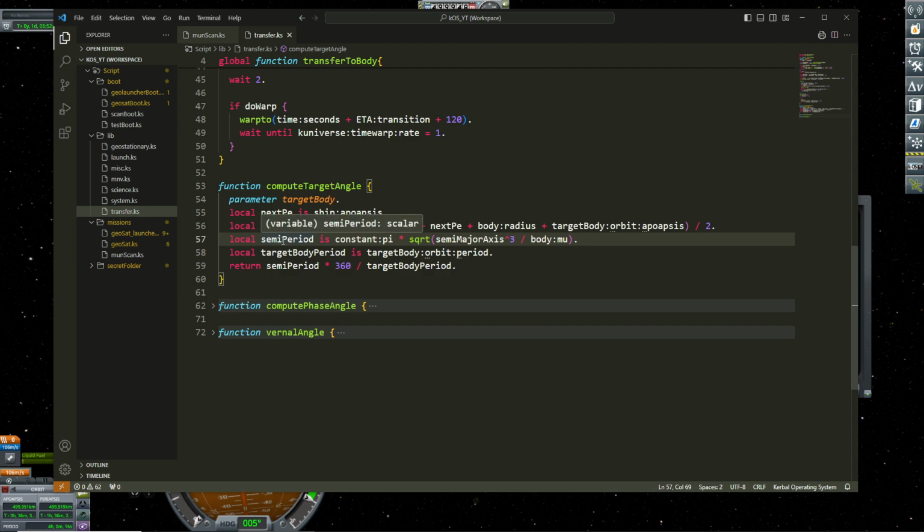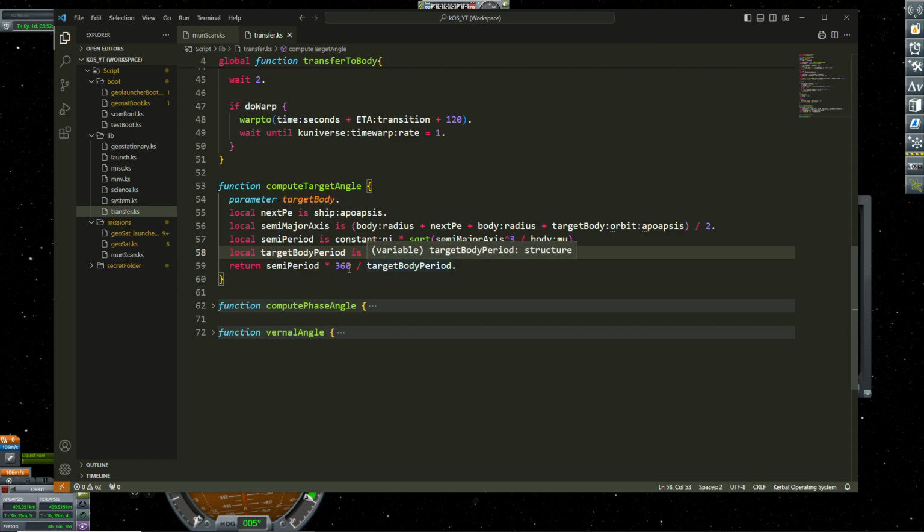So I calculate the semi-period, so I don't want the complete period of my orbit, just the semi-period, and I want to know the time my ship needs from its periapsis to its new apoapsis, okay? And then I look at my target period, and this is great because kOS can look at the files from KSP, and you don't have to calculate that. You have direct access to the orbit period of each body of KSP.